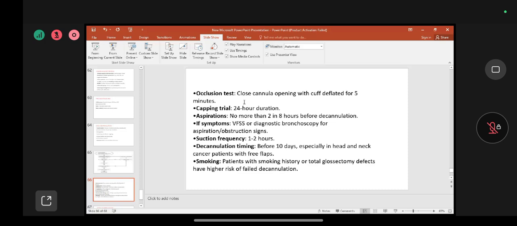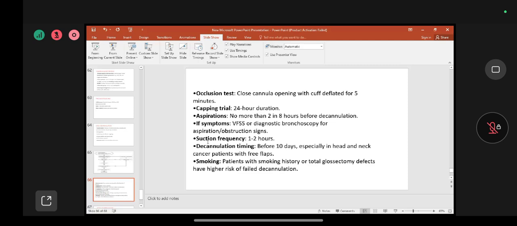There should be no aspiration present before the decannulation. If any symptoms of aspiration are present, then we go for diagnostic bronchoscopy and video fluoroscopic swallowing study to rule out aspiration and find the cause of aspiration and any obstruction.